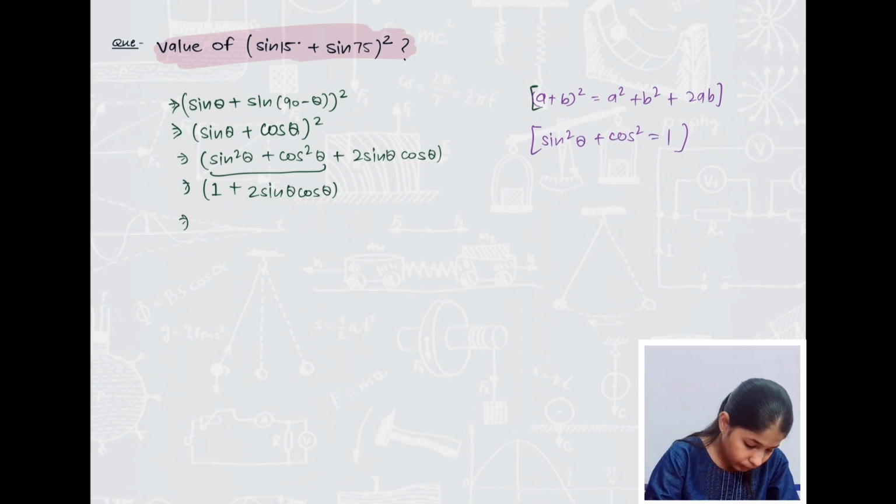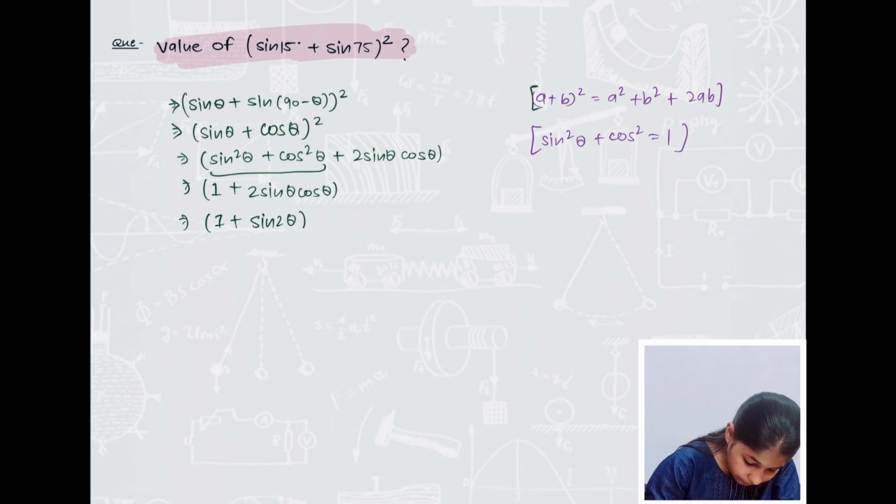Okay, so can you put the value here? 1 plus sin 2 theta. I should write here sin 2 theta is equal to 2 sin theta and cos theta.